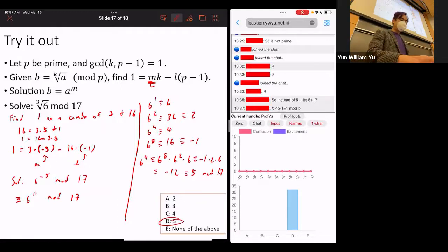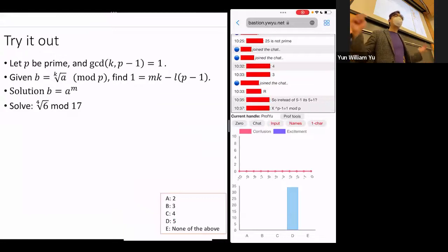Okay, and let's finish off in our last couple minutes of class by asking you all to do one more of these. So let's try the 4th root of 6 mod 17.